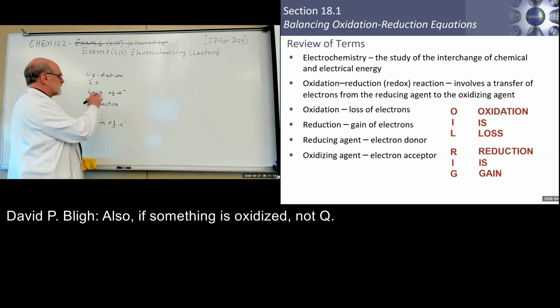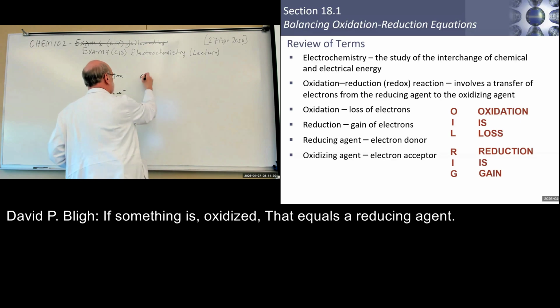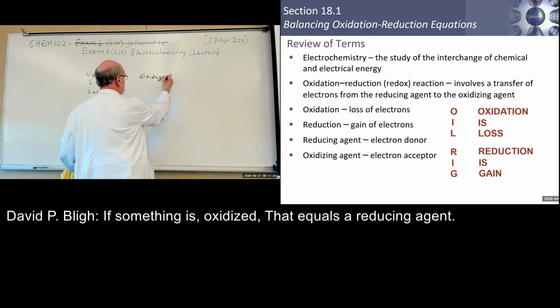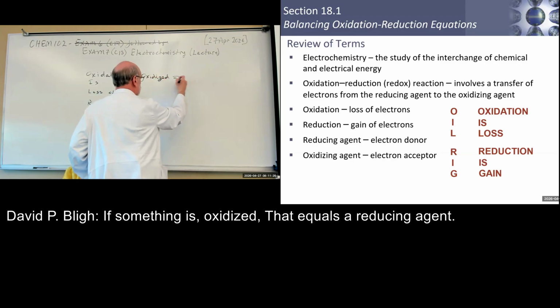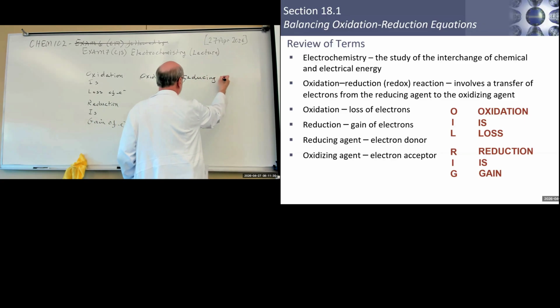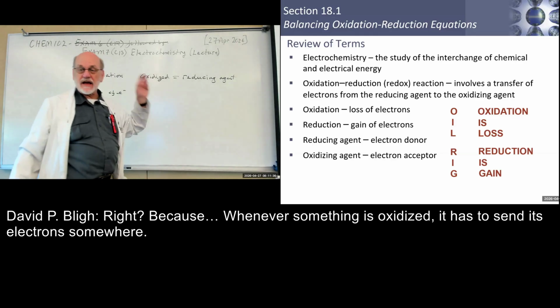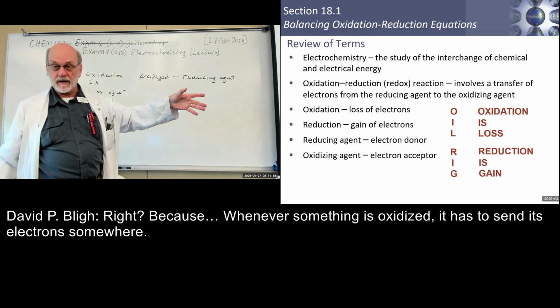Also, if something is oxidized, that equals a reducing agent. Right? Because whenever something is oxidized, it has to send its electrons somewhere.